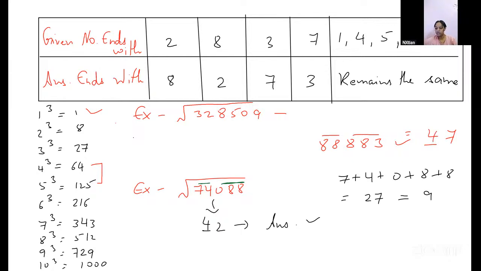Ma'am, that's what I said, but I'm not getting that when I find the cube. One second, I'll check it again. I think it'll come to 47. Okay, 47 is the right answer.